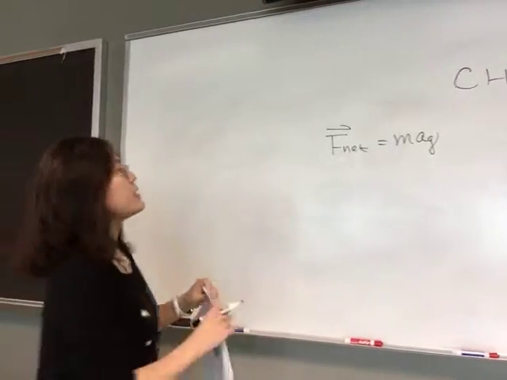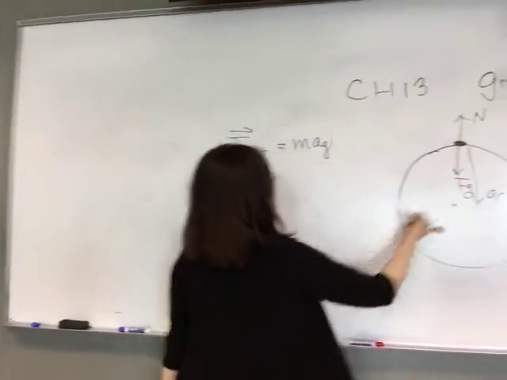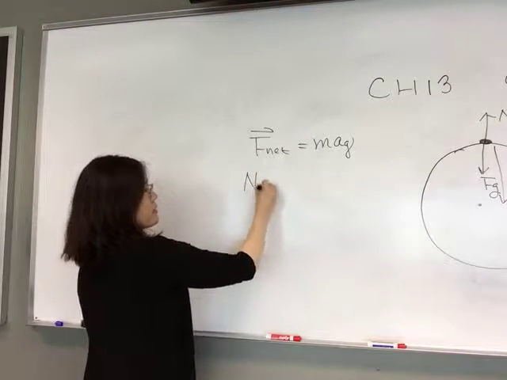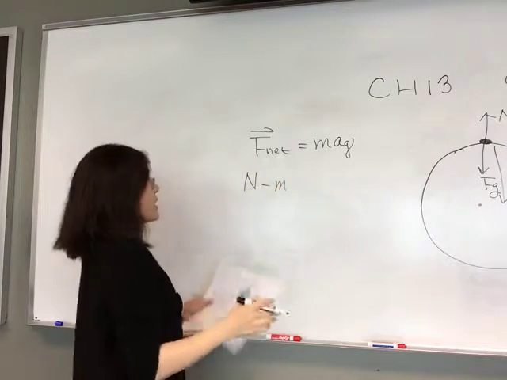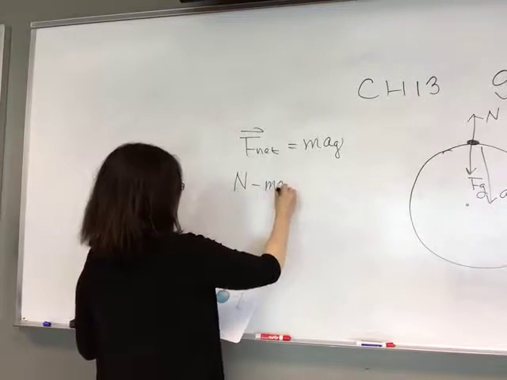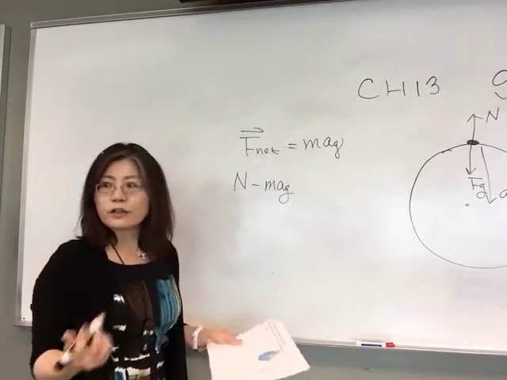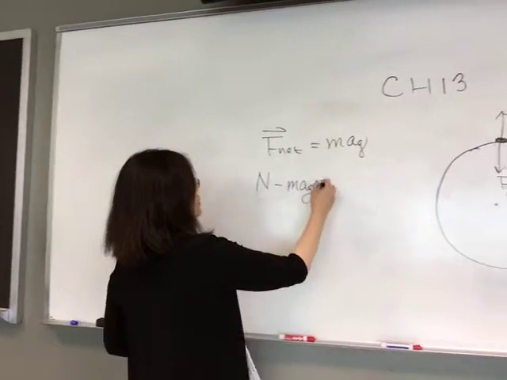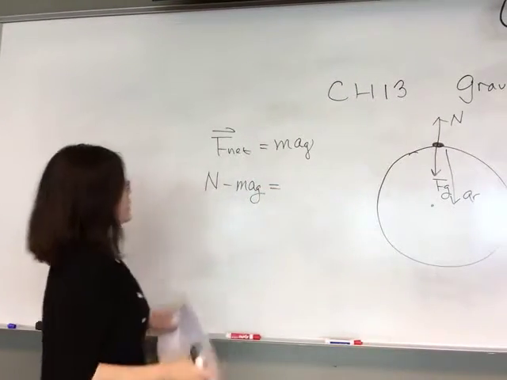So if we take upward to be positive, you have normal force minus mag instead of mg, because in the past we just used g, but now it's ag. Okay, and what is that equal to?